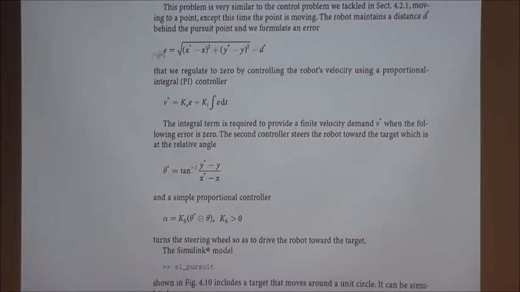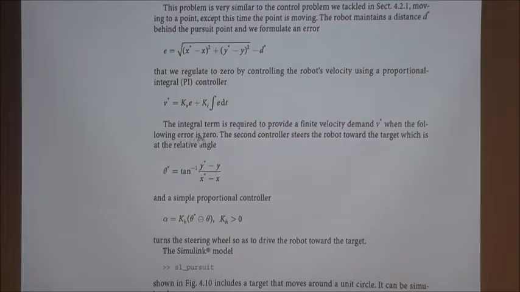This is error between where you are and where you want to be. Okay. That we regulate to zero by controlling robot's velocity using a proportional integral PI controller like this. Okay. That's a PI controller. The integral term is required to provide a finite velocity demand when the following error is zero.